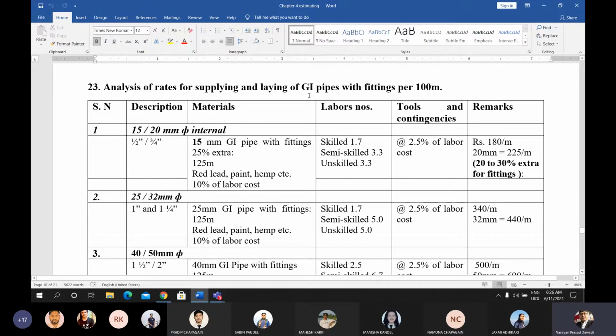For the fittings, 25% of the cost of the pipe is considered, that is, 25% extra length of pipe is considered for the fittings.